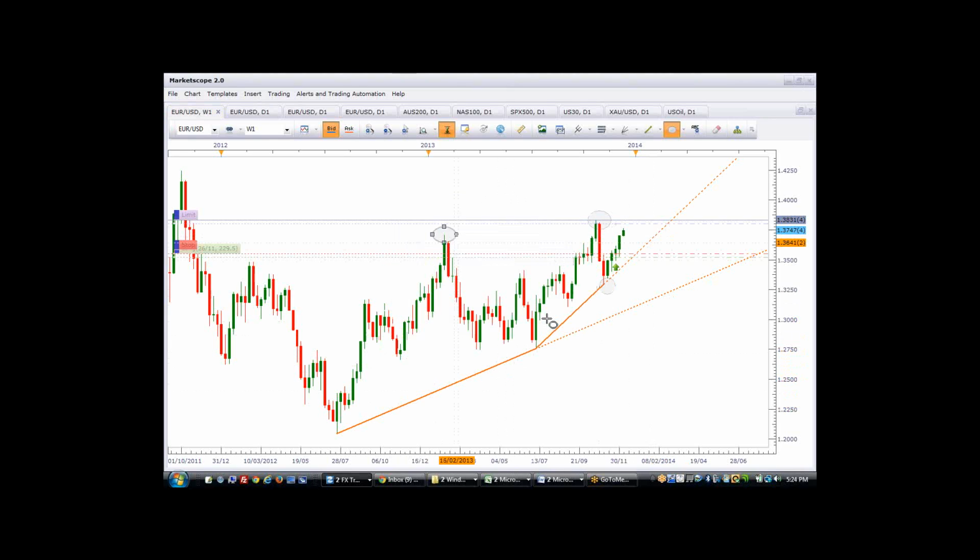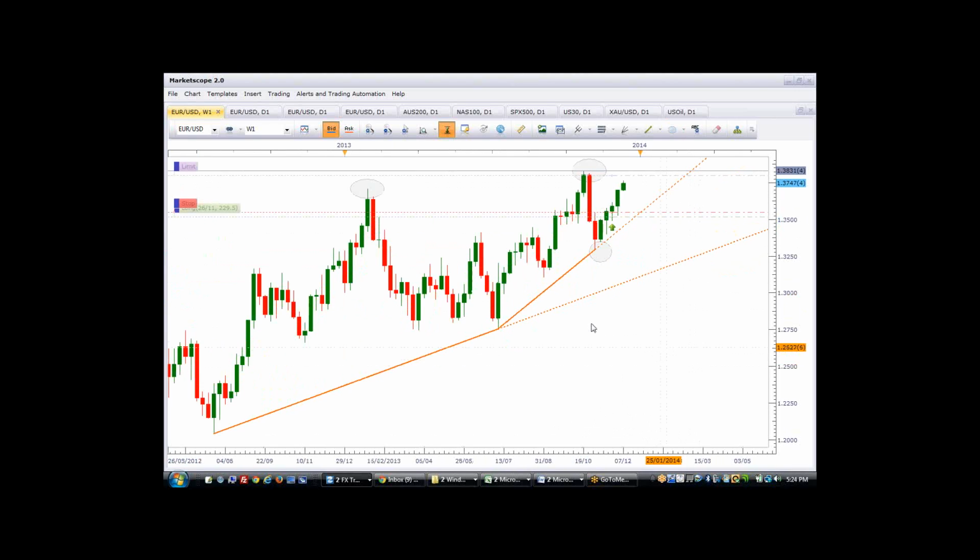This high here is lower compared to this high right here. So if we have a look at the movement from the last low right here, there is I think about a 700 pip move to there, about 716.